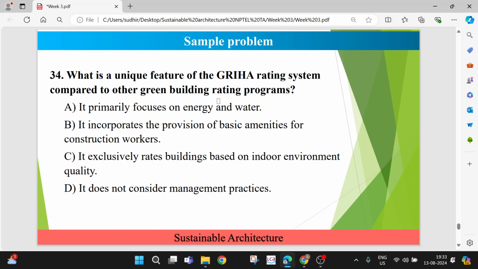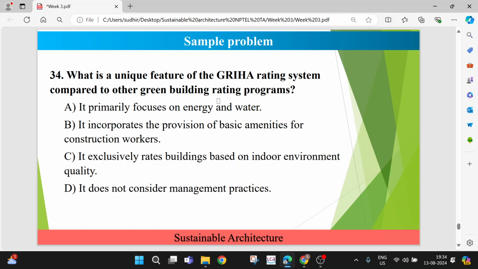Also, if you look more at Griha, one of its unique features is the inclusion of parameters that focus on providing basic amenities for construction workers, such as toilets, living quarters, and crèches for their children.